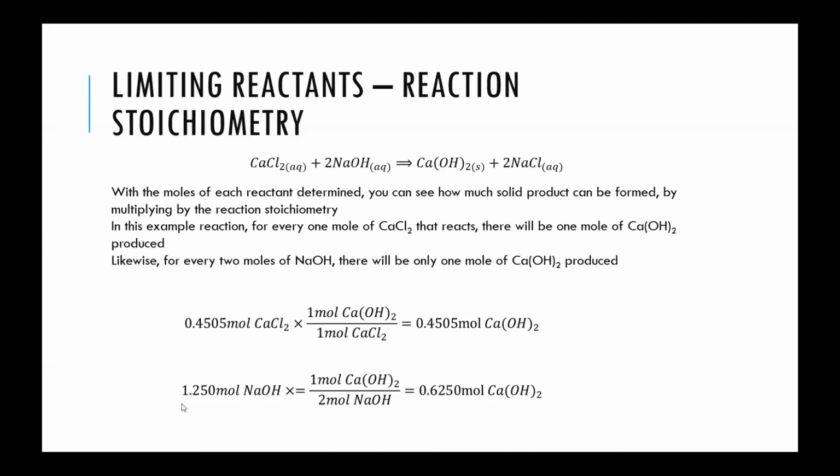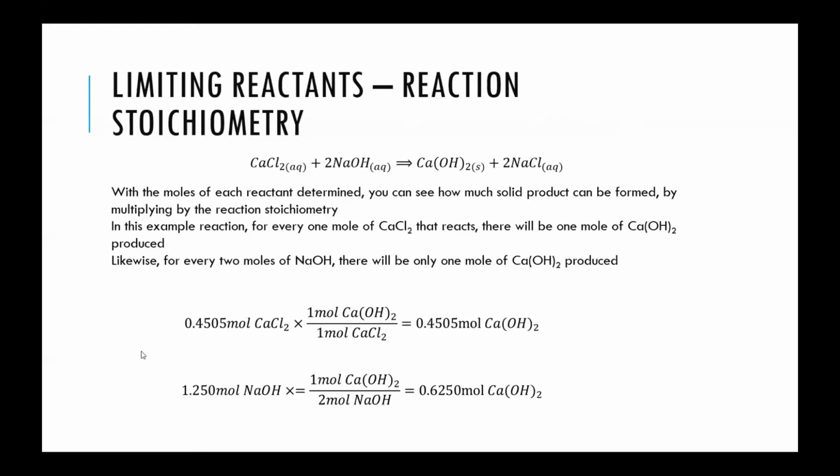So if we have a starting number of moles of the sodium hydroxide, 1.250, that will give 1.25 divided by 2, that will give 0.625 moles of calcium hydroxide.